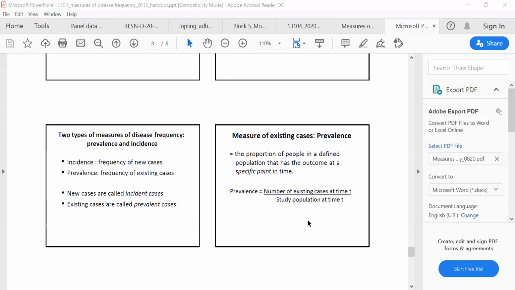This is the formula for prevalence. But don't forget, we've got two things. We have risk. We can measure our incidence using risk, or we can measure our incidence using rate. Rate takes into account the difference in the follow-up time, whilst risk just takes the initial population at risk when you start.